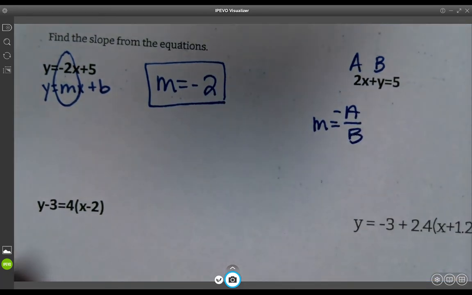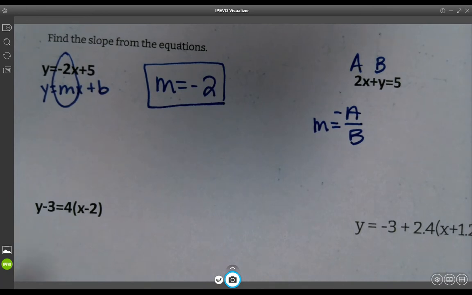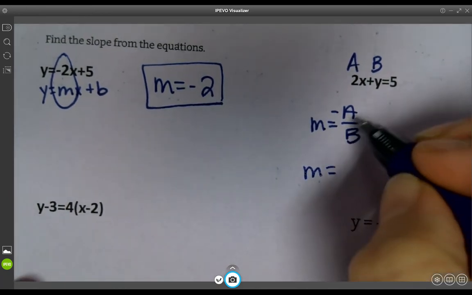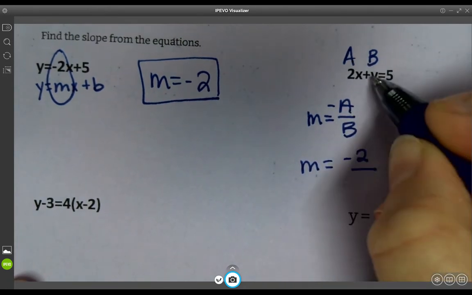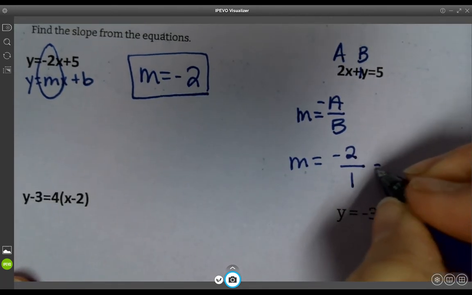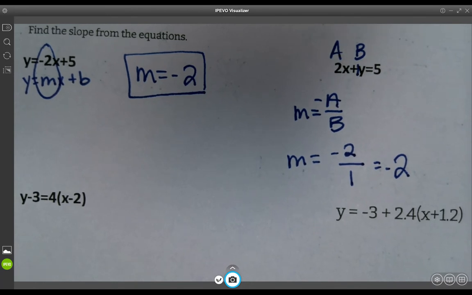If we keep on writing it, hopefully we'll start to remember it. That's my whole goal for you, is to remember the shortcut. So m equals negative a. So a is 2, so it'd be negative 2 over b would be a 1. So that just gives us negative 2. That's all the work we would need, exactly.